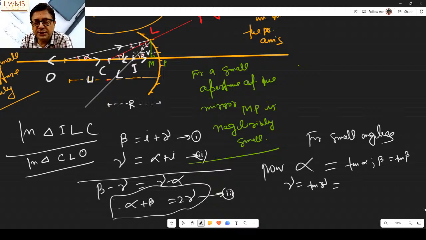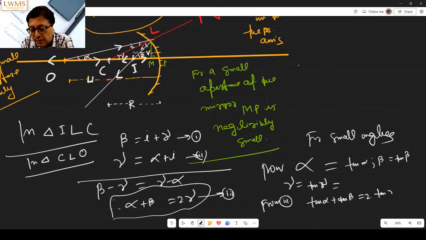So from equation 3, if we put, then tan alpha plus tan beta equals twice tan gamma. Substitute the value of tan alpha.